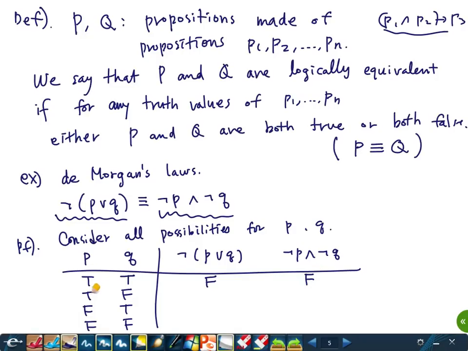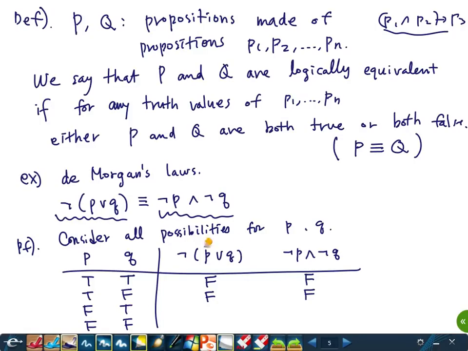Look at this. P is true. Q is false. So what is the value of this? True. So negation, so it's going to be false. This is what? False. False and true is false. Right? And here is false, true.